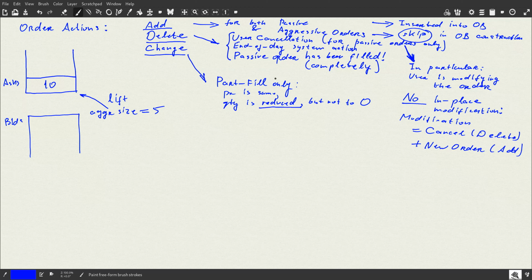And secondly, the new quantity must be strictly less than the existing quantity, but greater than 0. This is your invariant. So for a change, new quantity is positive and less than the original quantity. Then it is a change which is due to a part fill. Okay? This should be quite obvious.